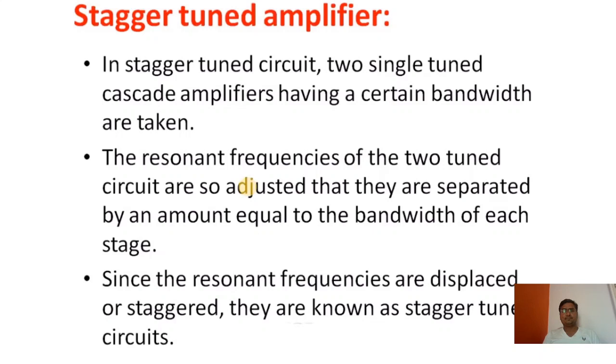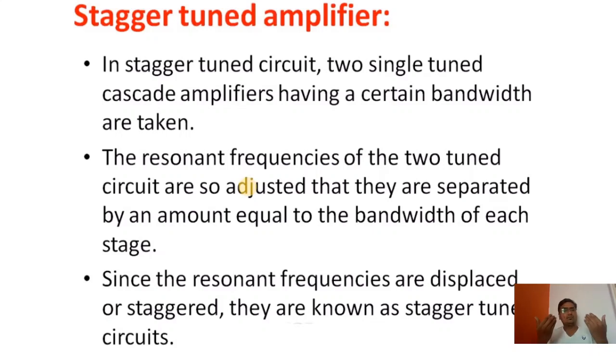Now look at this. Stagger tuned amplifier: two single tuned amplifiers are cascaded, and those two single tuned amplifiers will have a certain bandwidth. Now we'll discuss that the resonant frequencies of the two tuned circuits are so adjusted that they are separated by an amount equal to the bandwidth of each stage. For example, two single tuned amplifiers have to be cascaded here to form a stagger tuned amplifier.